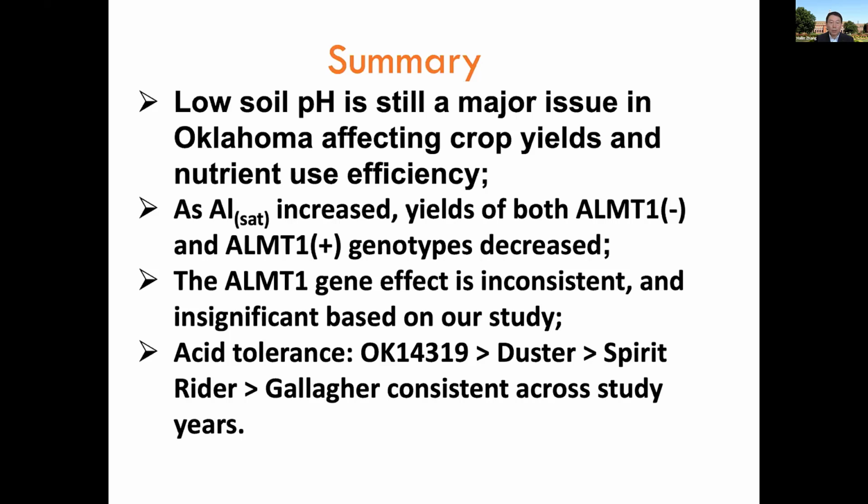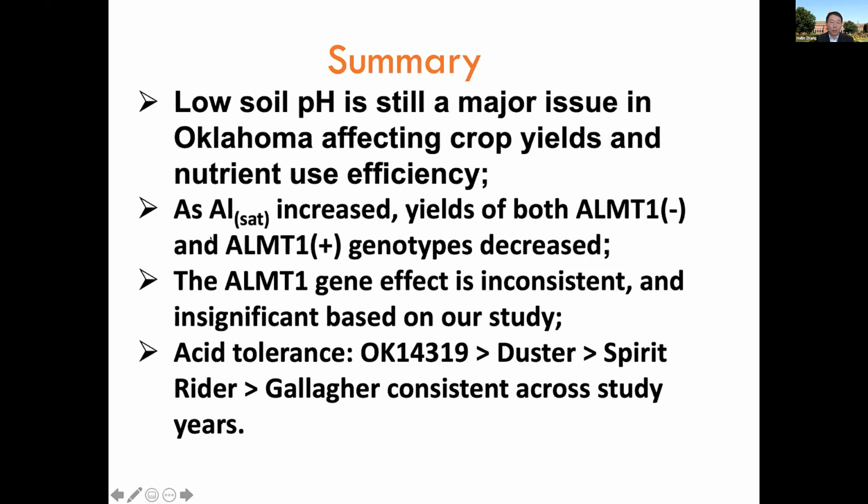So here is the acid tolerance for some of the current varieties released or to be released. 14319 is more tolerant than Duster, Spirit Rider, and Galaga. And they performed better consistently across study years in Stillwater for the 2 years we tested.